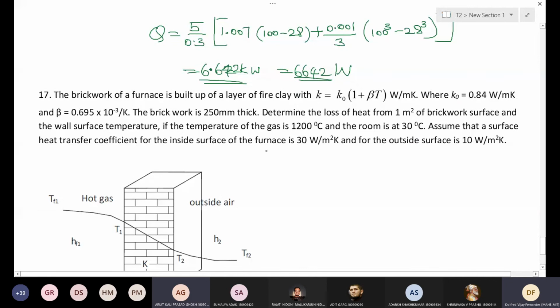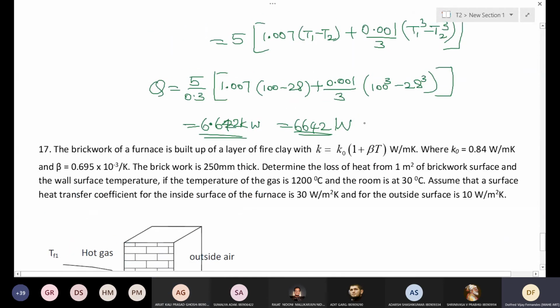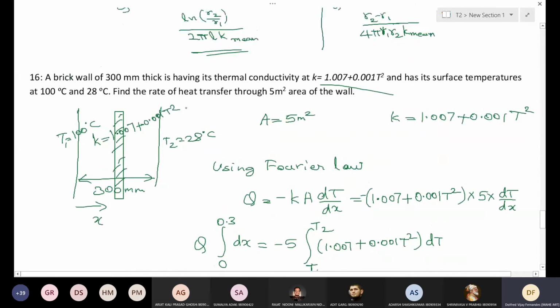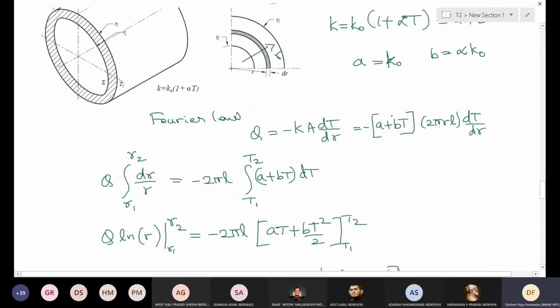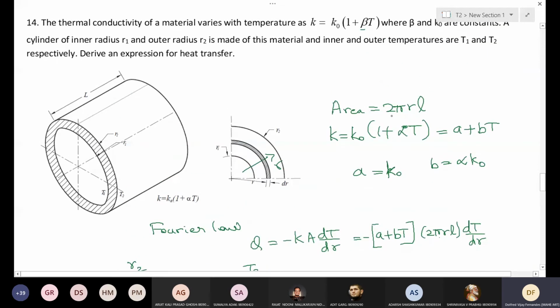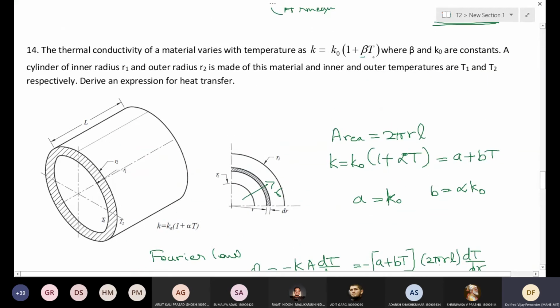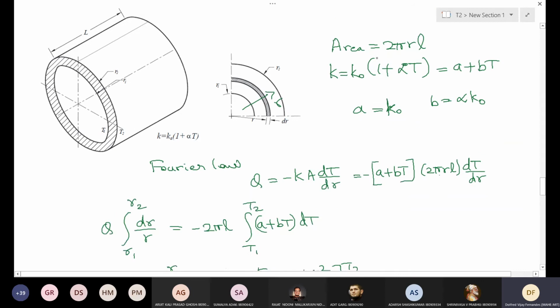Yeah, that's what I was telling, that if you know the surface temperatures, right side and left side surface temperatures, and the profile is linear, or temperature dependent thermal conductivity is assumed to be linear with temperature, then we don't have any problem because we only have to substitute K mean in the formula and do the problem.